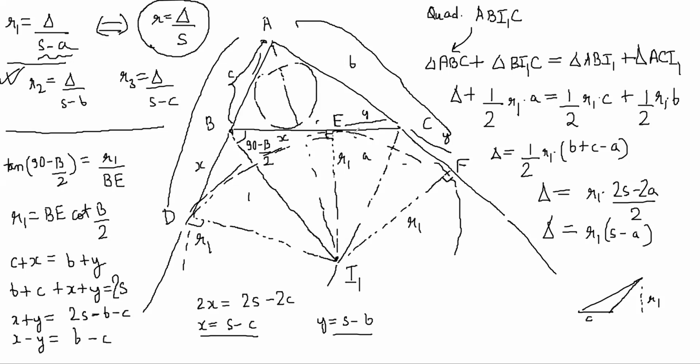So, okay, I think it is correct only because BE was S minus C, BD, if this was a point, right? This was S minus B. Which is correct. So, you remember in the earlier case, B to this point is S minus B, right? Yeah, in the in-circle derivation, you remember?